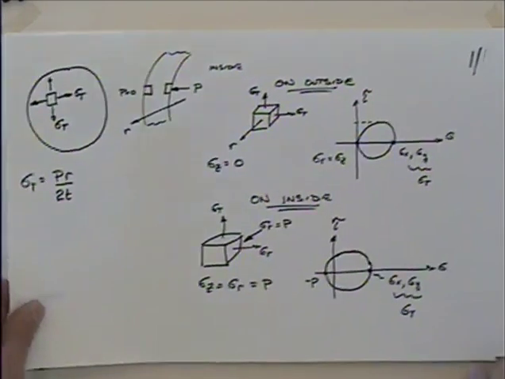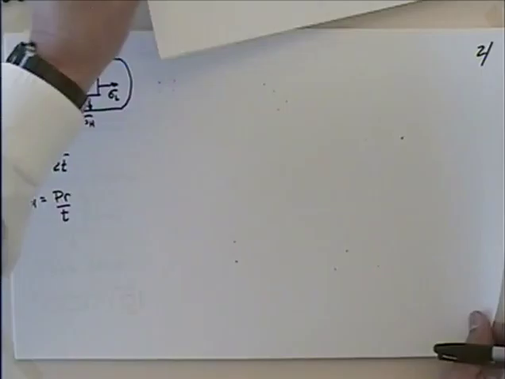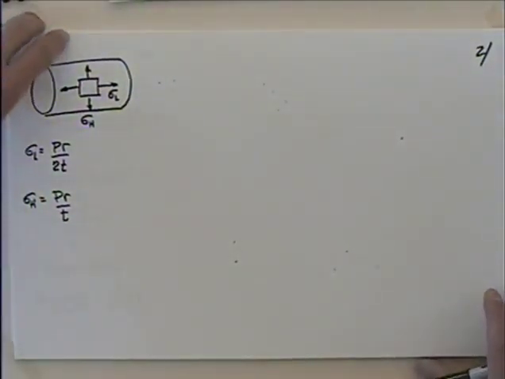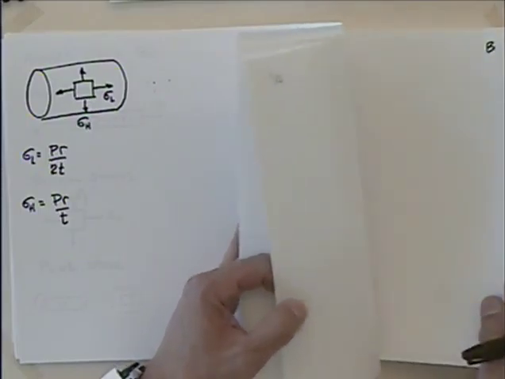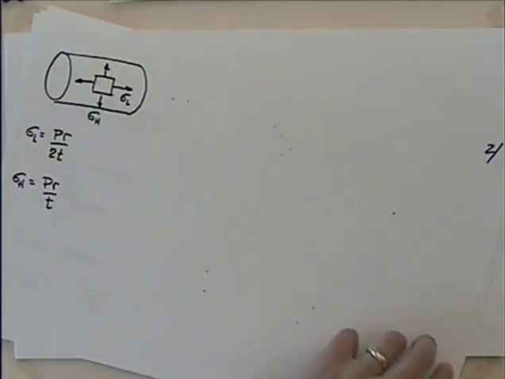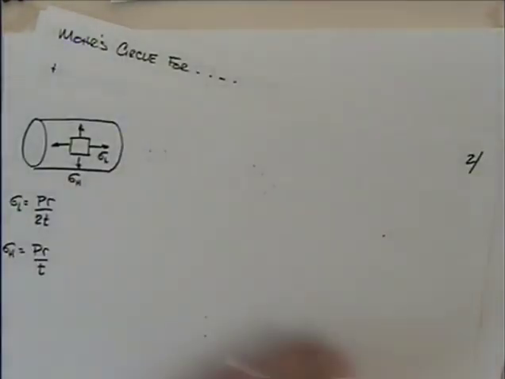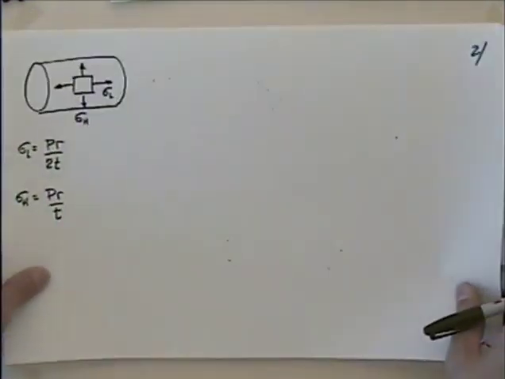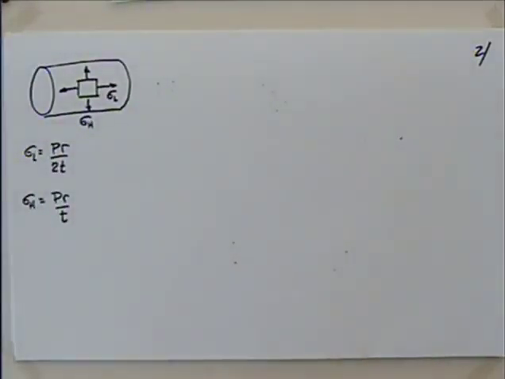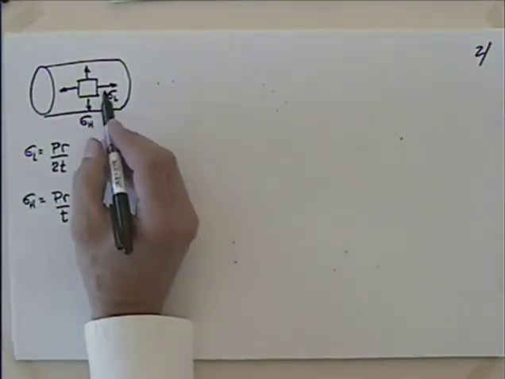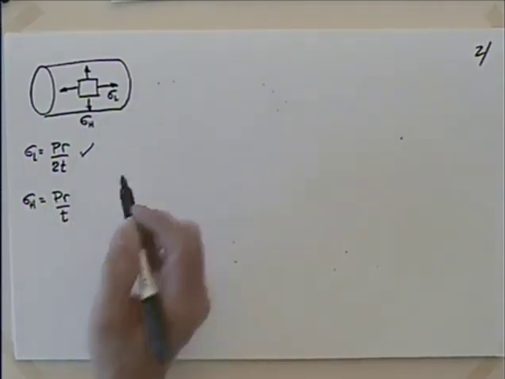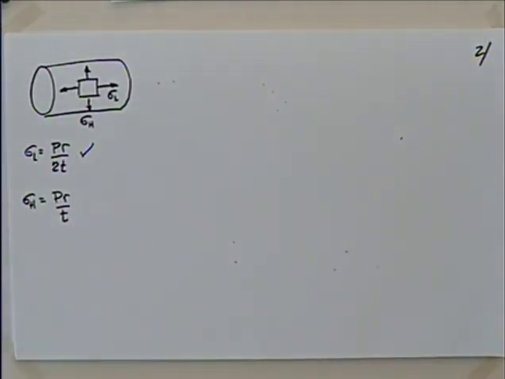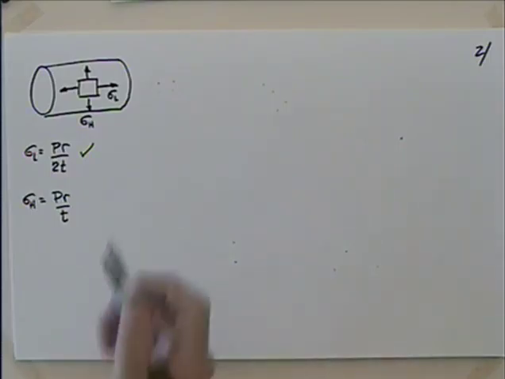Well, let's move on and do a similar analysis on the cylindrical tank. On a cylindrical tank, in the longitudinal direction, that would be the long direction, we have the stress equal to PR over 2T.